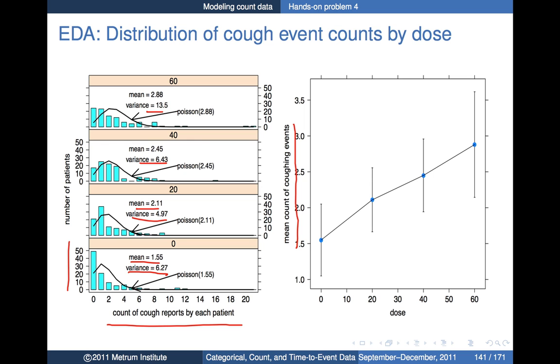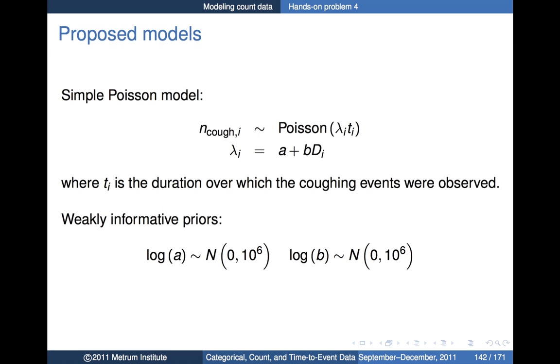Okay, so we got some clues that a plain Poisson model isn't going to be our best choice here, but we're actually going to start there as a baseline, and we'll work from there. So the first model we're going to look at is just a plain Poisson model where the event rate depends upon dose.